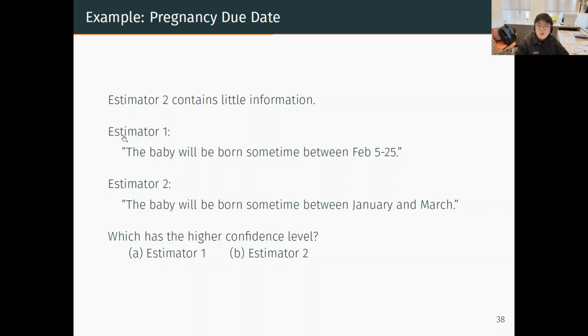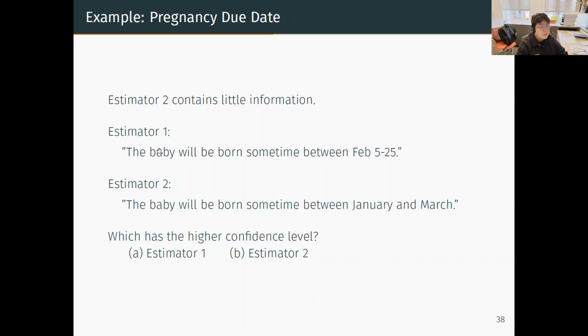But now, let's change the question. Which has the higher confidence level? Remember, confidence level is the probability that your interval correctly contains the true parameter. So think about which estimator is more likely to be correct, more likely to contain the actual birthday.